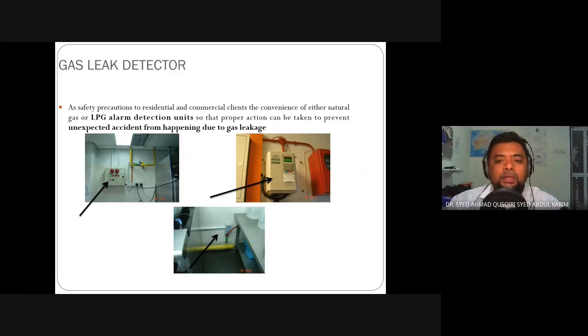When there is an unexpected accident, let's say there is a leakage, before anything serious happens, the gas leak detector will detect that there's gas in that environment, and then it will send an alarm or signals to the control room of the facility to indicate that there is a suspicion of gas leak in that particular area.